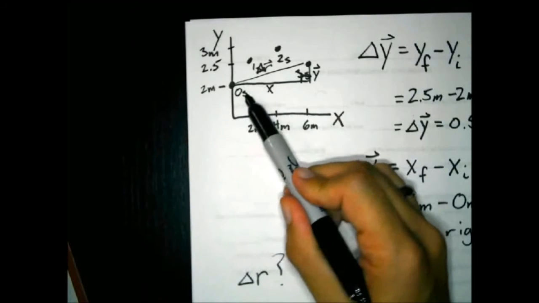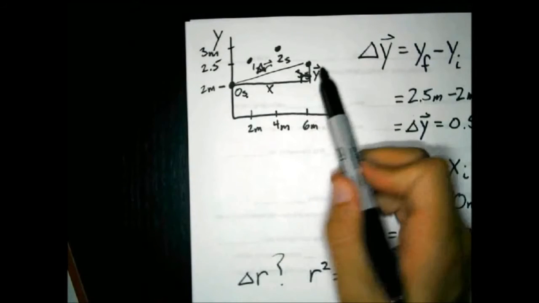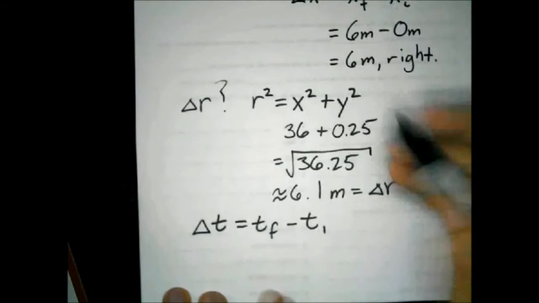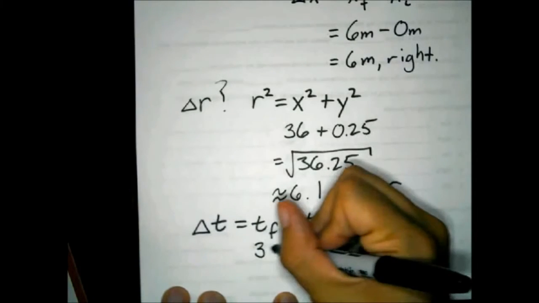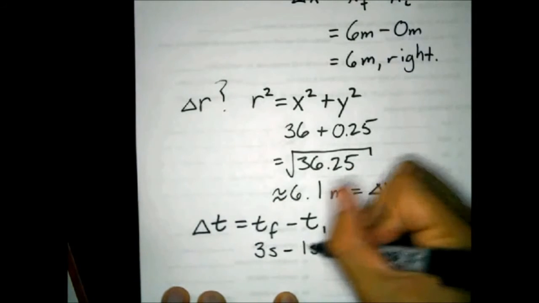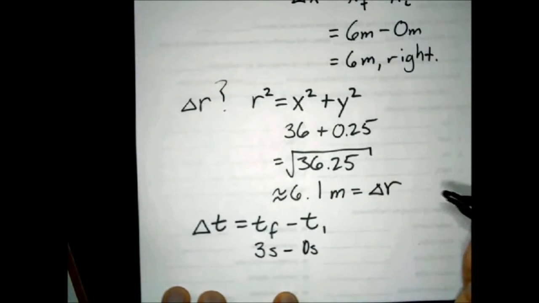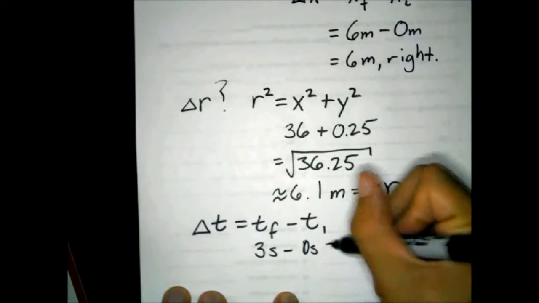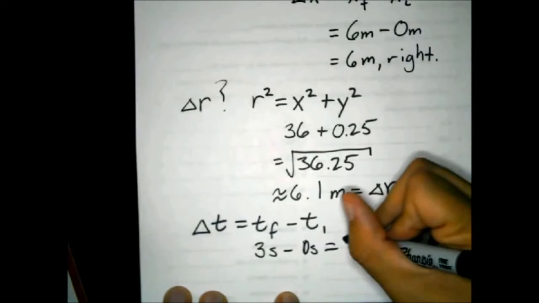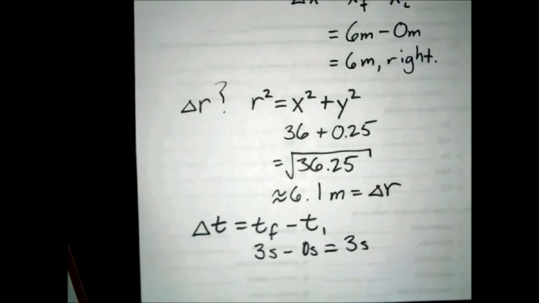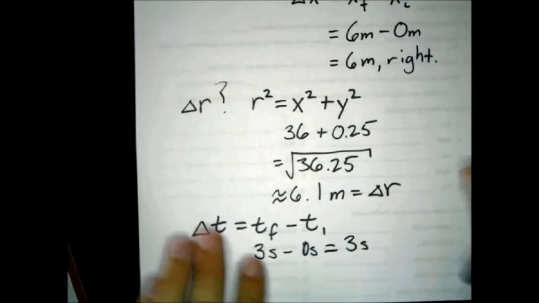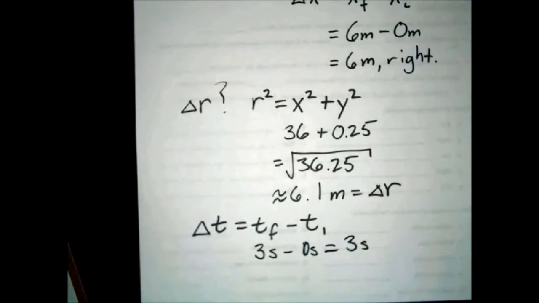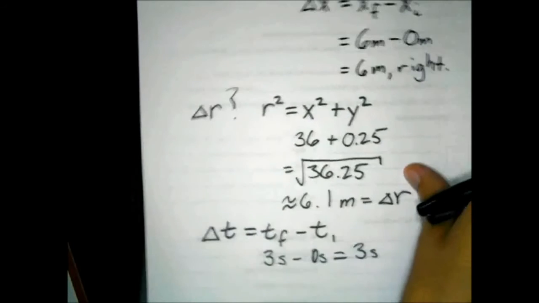Started at 0 seconds. We ended at 3 seconds. 3 seconds minus 1 second. Oh, 0 seconds. That's when I started. Just checking to make sure you're paying attention. Gives me 3 seconds. Easy enough. Okay. Going on to the next step.